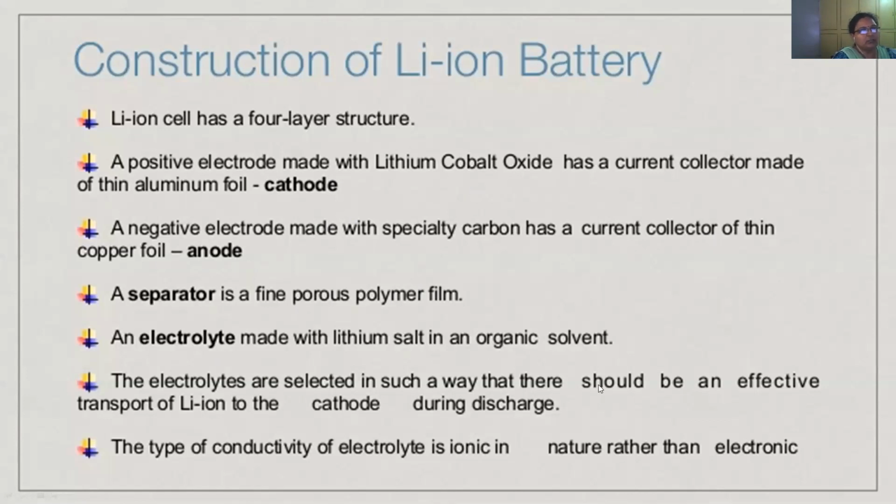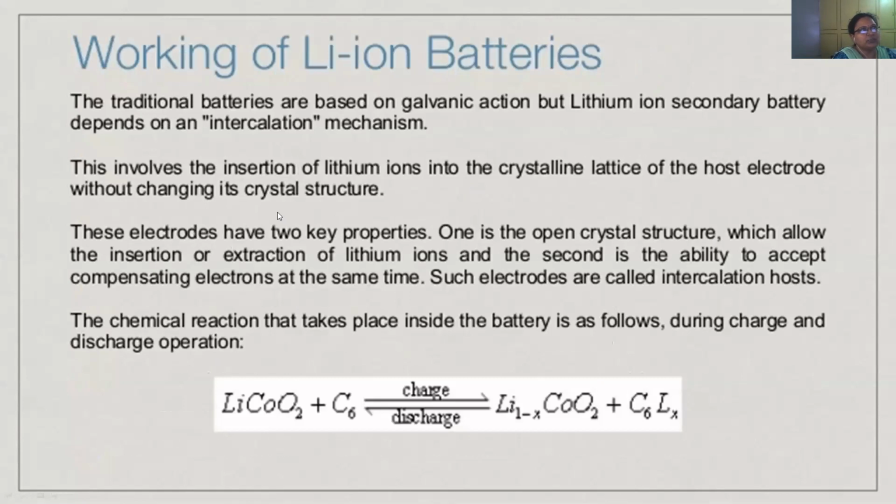Traditional batteries are based on galvanic action, but the lithium-ion secondary battery depends on the intercalation mechanism, which I was discussing. This involves the insertion of lithium ions into the crystalline lattice of the host electrode without changing its crystal structure.